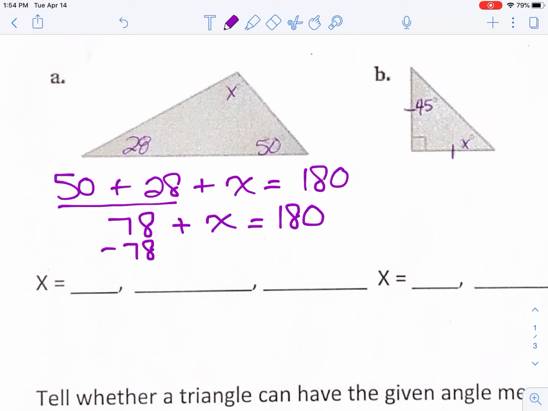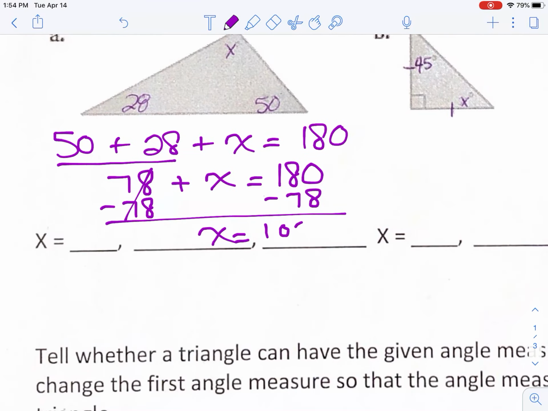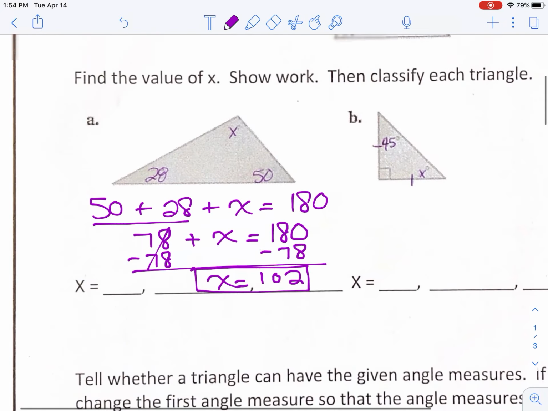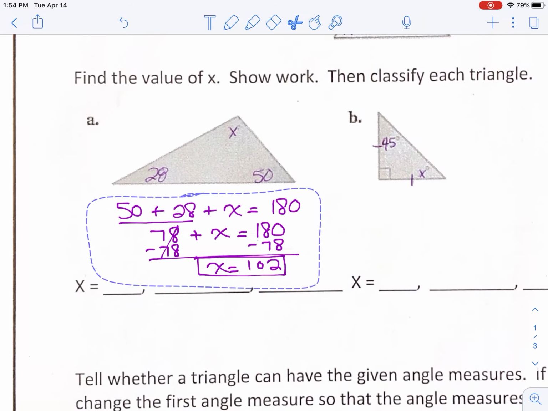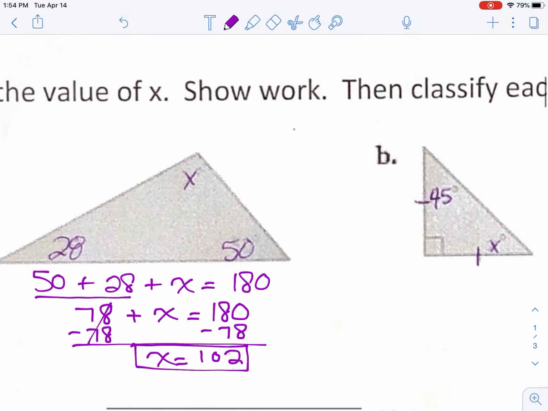And then do the inverse operation, subtract 78 from both sides to solve for x. And we'll get 102 when we subtract, okay? Which means that x is 102 degrees up here.